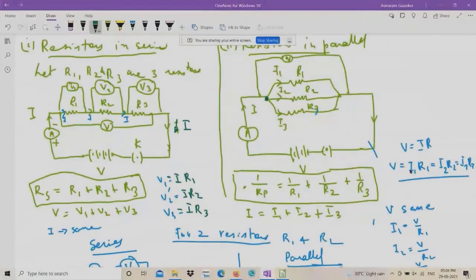And also V is equal to I1 R1, I2 R2 and I3 R3 by Ohm's law. So here you see V is equal to IR, it is equal to I1 R1, is equal to I2 R2, is equal to I3 R3, just as we had here.